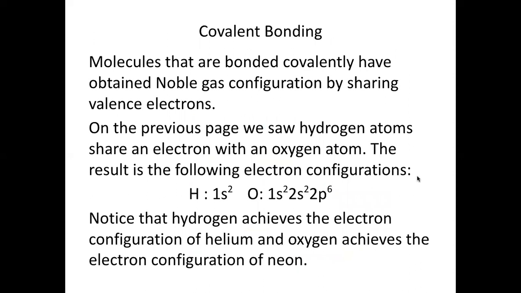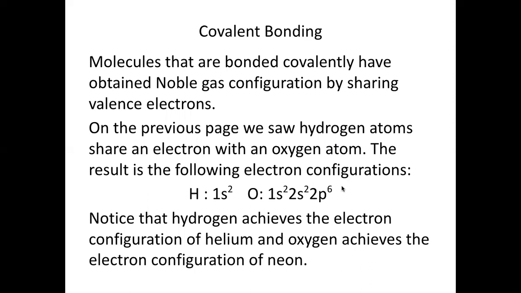And molecules that are bonded covalently have obtained noble gas configuration by sharing. So on the previous slide, we saw hydrogen atoms share an electron with an oxygen atom, and this results in the following electron configuration: 1s2 for the hydrogen and 1s2, 2s2, 2p6 for the oxygen.